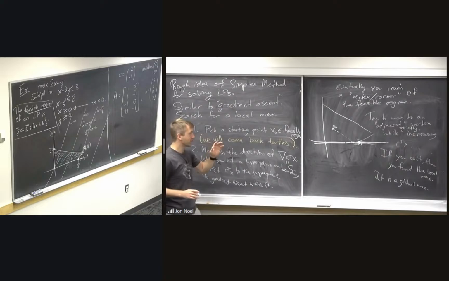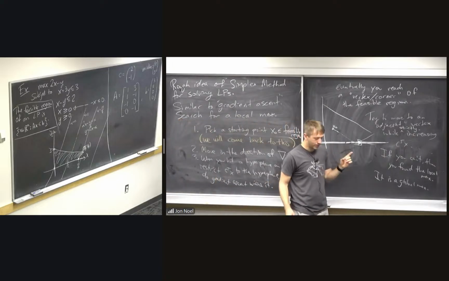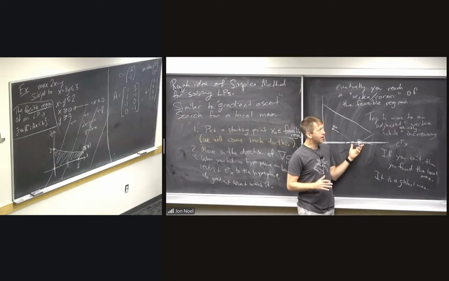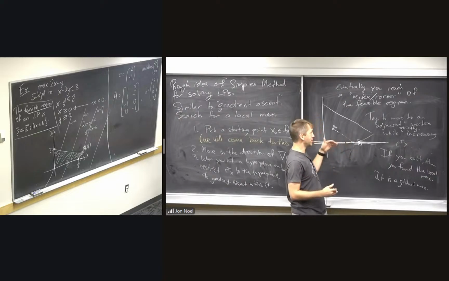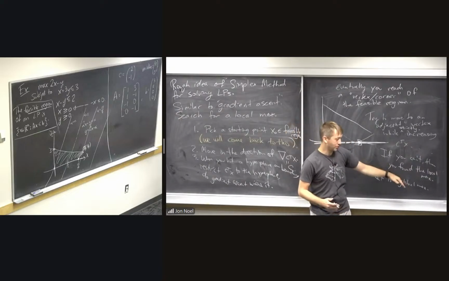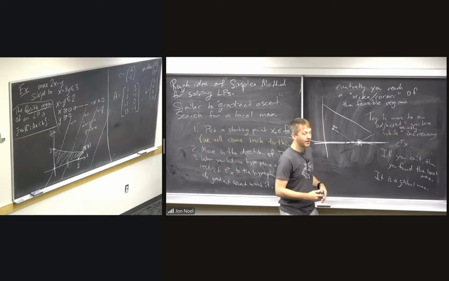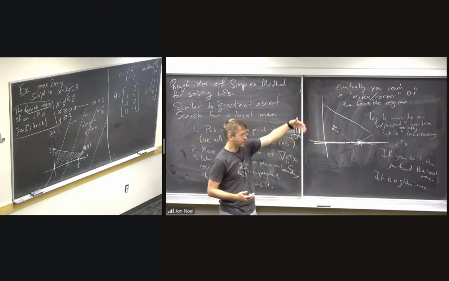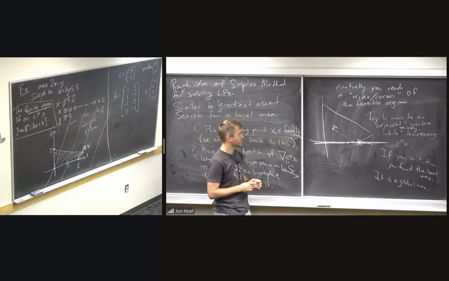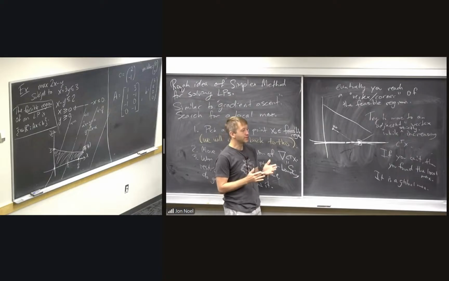I should also say there are some subtleties here that I'm missing. The linear program could be unbounded. Like the max could be infinity. Maybe it shoots off to infinity in that direction or something. During this, you have to also detect that, which I'm not going to say anything about. But basically, this simplex method can be used to solve linear programs, but it's not an efficient method.